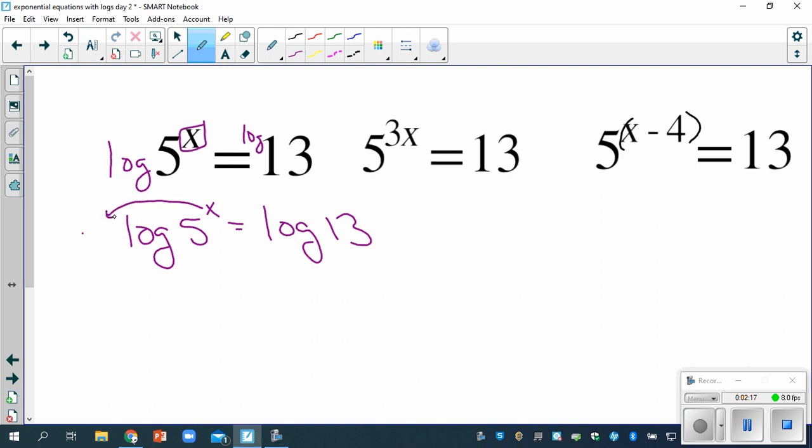He's coughing, he's choking, and now he's right here. Hey, Norman, be quiet for me. Thanks, dude. So here's what I got. I want this guy alone, so what I'm going to do is divide by log 5 and divide by log 5.